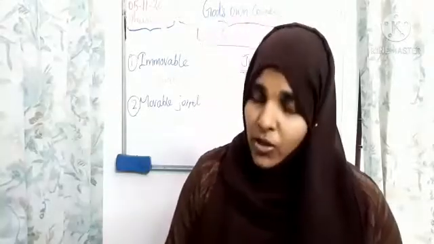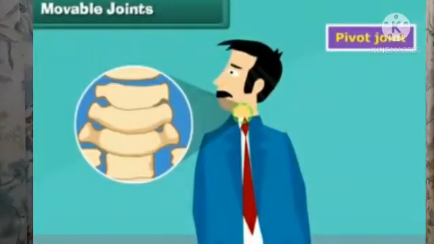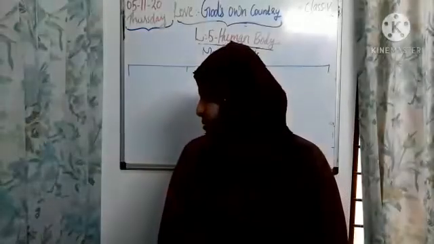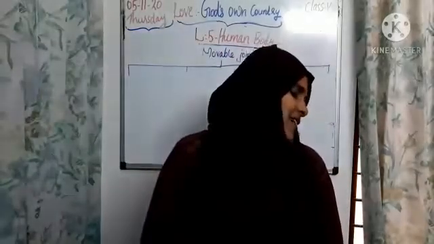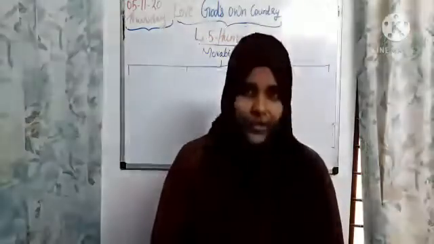So we can discuss more about the movable joint now. In the case of our neck, as you rotate your neck, this is the maximum limit, right? Move your neck to this side, maximum limit, okay? And this side, then up and down, right, children?